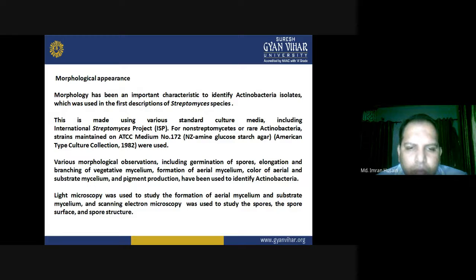Various morphological observations, including germination of spores, elongation and branching of vegetative mycelium, formation of aerial mycelium, color of aerial and substrate mycelium, and pigment production, have been used to identify actinobacteria. Light microscopy was used to study the formation of aerial mycelium and substrate mycelium, and scanning electron microscopy was used to study the spore surface and spore structure.